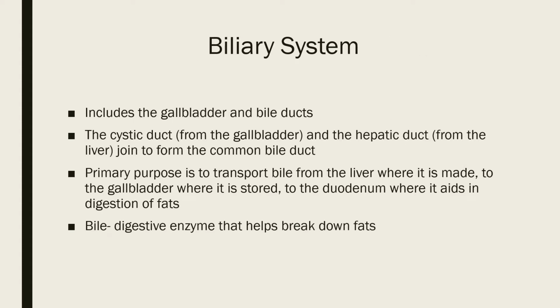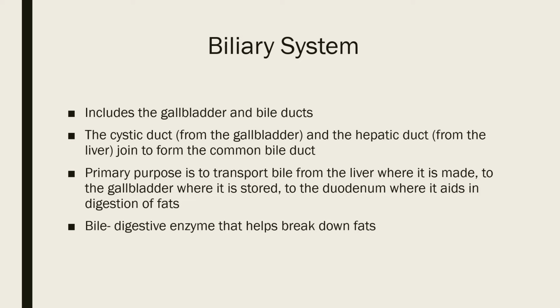So, the biliary system. The biliary system includes the gallbladder and the bile ducts. The cystic duct, which is coming from the gallbladder, and the hepatic duct from the liver will join to form the common bile duct.